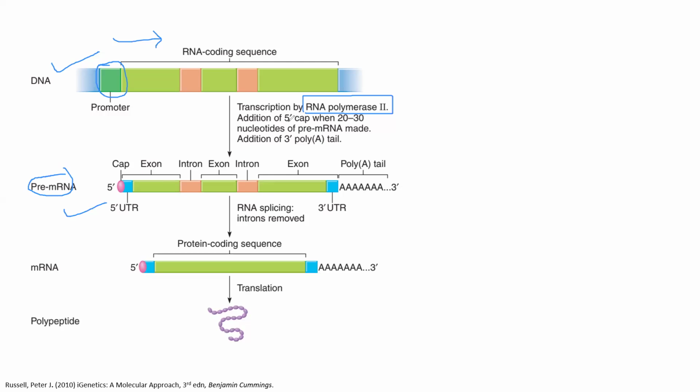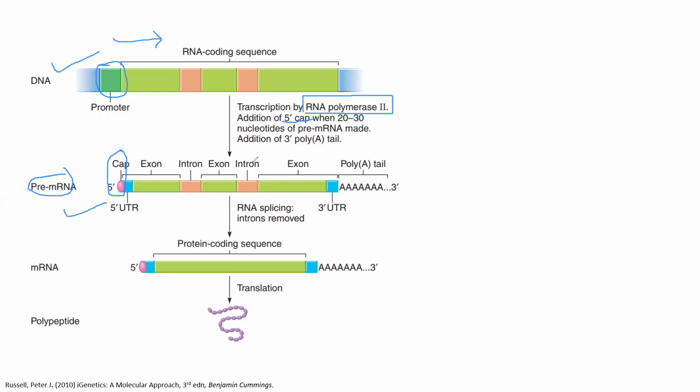There is addition of a 5' cap when only 20 to 30 nucleotides of the pre-mRNA are made. This cap is visible here. In the previous lecture, we have seen this cap is a guanosine nucleotide, which is attached via an unusual 5' to 5' linkage. Then that guanosine is methylated at the 7th position, with sugars of the next nucleotides also getting methylated.